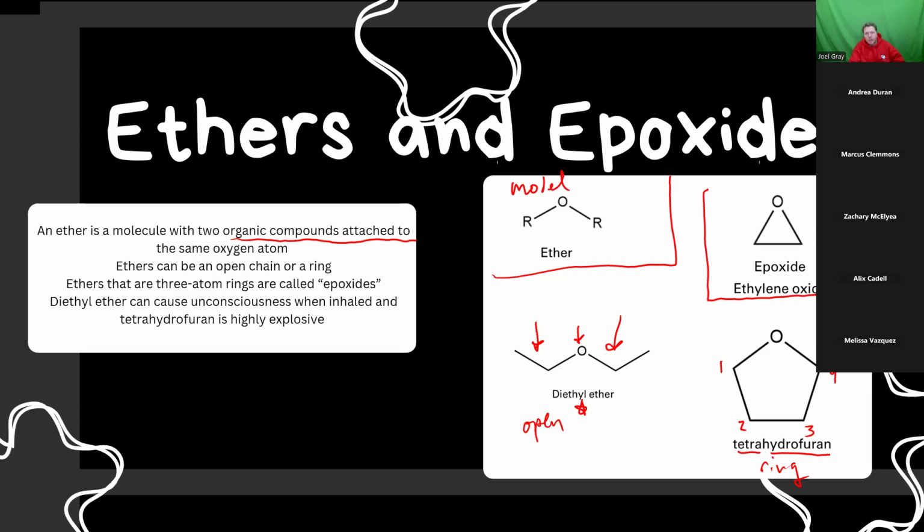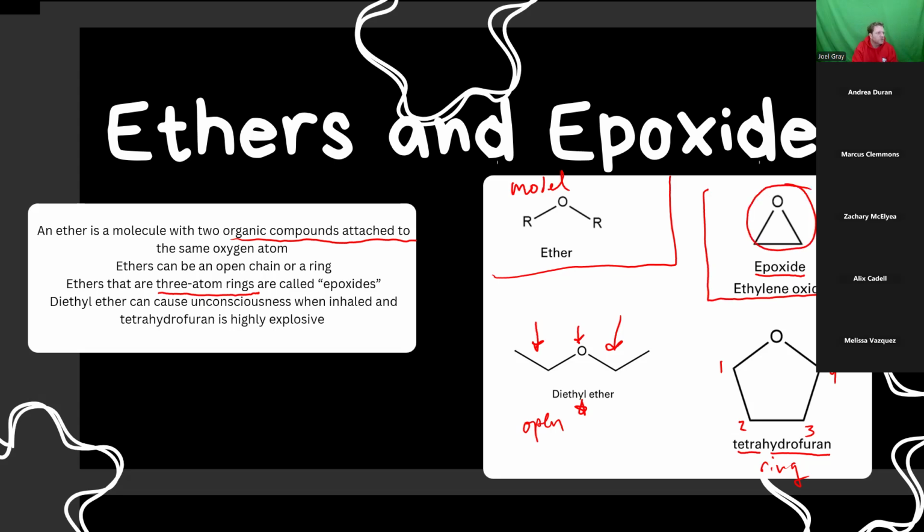Now, a three-membered ring that is an ether is also known as an epoxide. This is a unique name saved just for those. Anytime you hear epoxide, you need to visualize this right here.